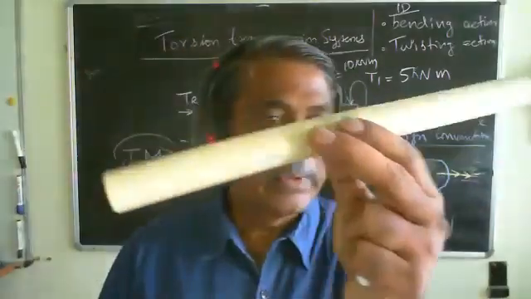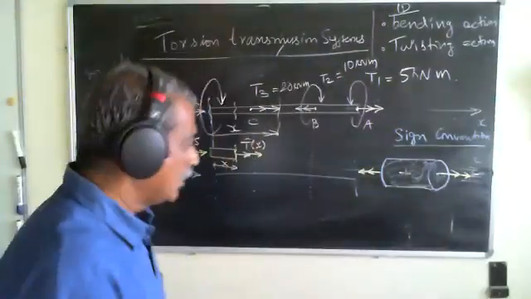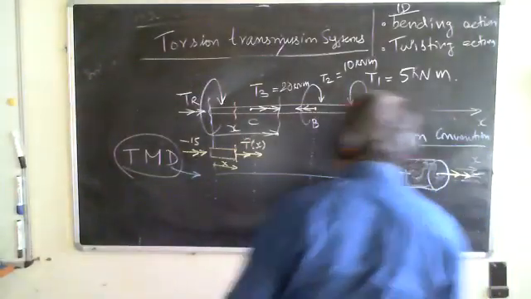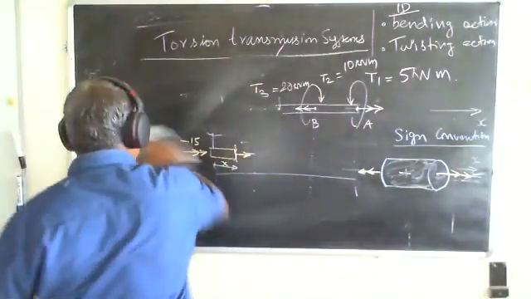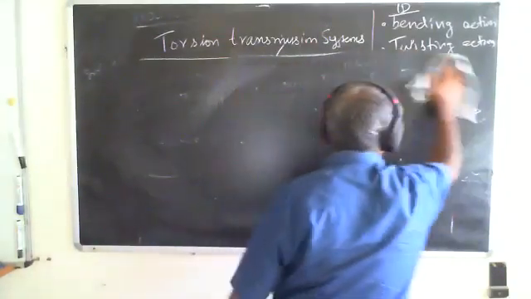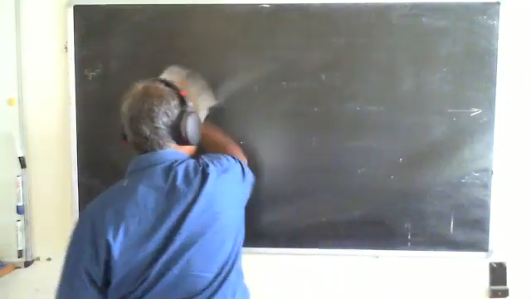This is a simple tube element that I have taken. Let me draw it so that it's easier for us to understand. What we'll do is twist this tube element and find out what kind of deformations occur.